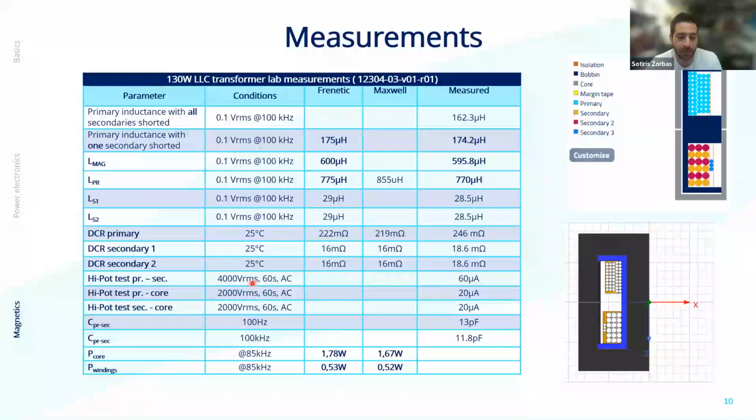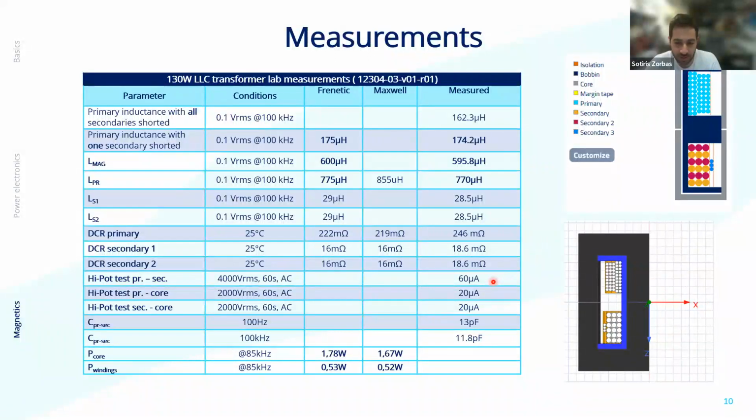Okay, and 4 kilovolts between the primary and the secondary side was applied. So shorting all primary windings, shorting all secondary windings, applying 4 kilovolts, 60 seconds AC, which is the strictest you can do.